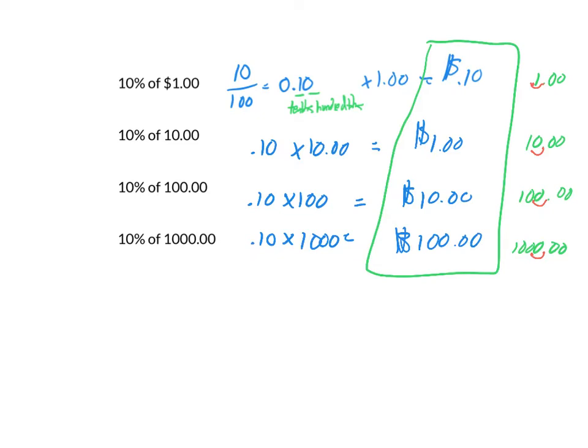So the trick or the pattern that you see tells you that when you get a bill, let's say you go to the restaurant and your bill is $40, and you want to tip 10%, all you need to do is move that decimal place back 1, and your tip for 10% will be $4. Let's take a look at a couple others.